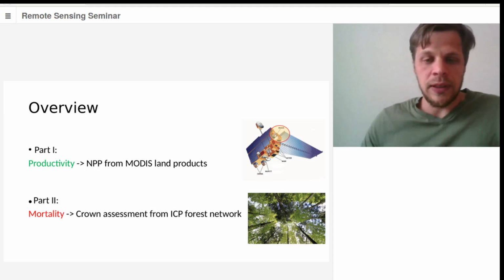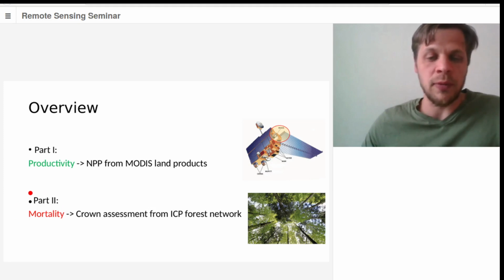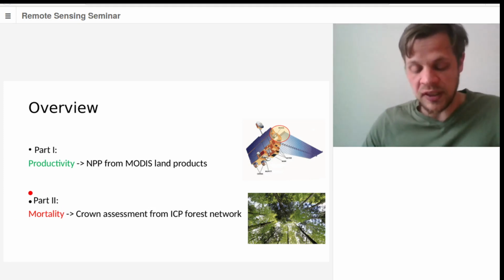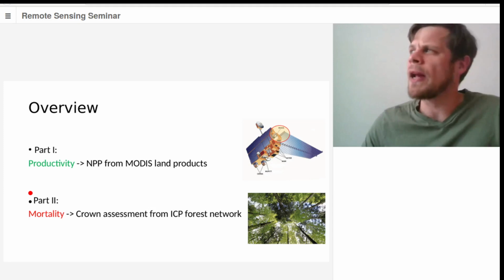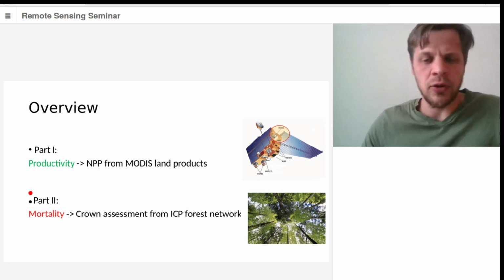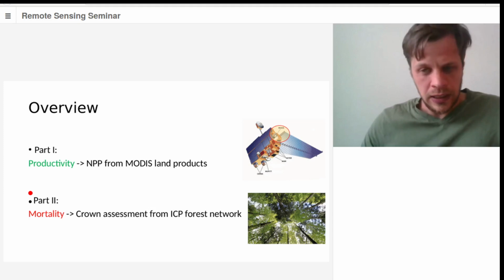And in both parts, I will show you some illustrative examples of how this data can be utilized. In the second part, I will talk about the very prominent tree disease, ash dieback, which is currently spreading across Europe and killing most of the ash trees. And I will show some illustrative examples on how this ICP Forest Network data can be employed for monitoring.